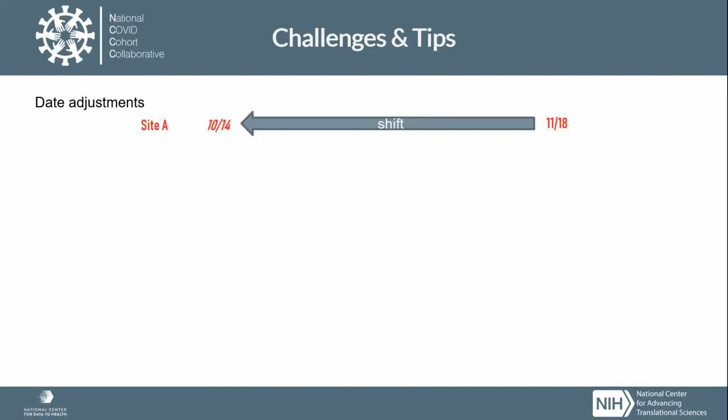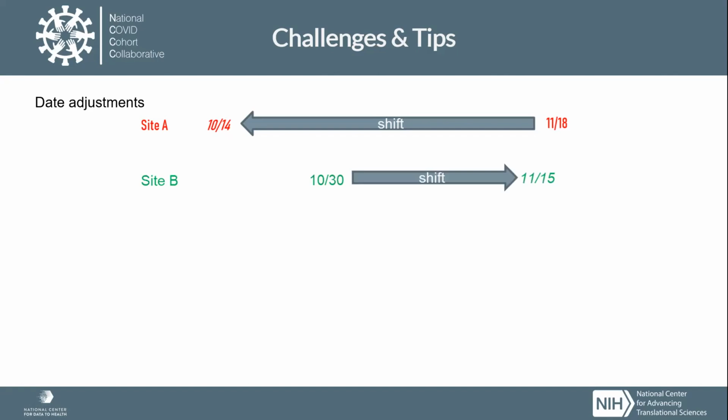I think, but correct me if I'm wrong, there's some sort of adjustment that takes place when the EHRs submit data to the dates to help obfuscate the dates and protect privacy. In this example, I'm illustrating that a date of November 18th gets adjusted to some other date, in this case, arbitrarily, October 14th.